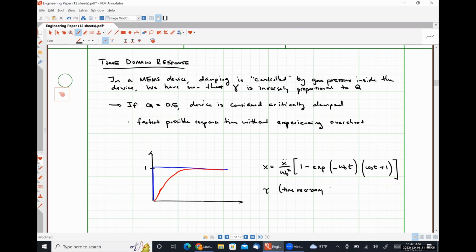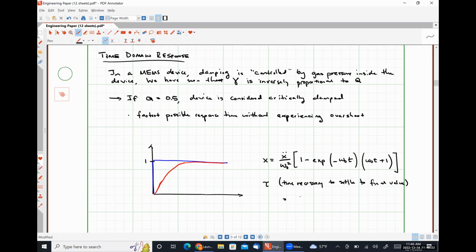Time necessary to settle to final value will be equal to, in general, 2Q over omega naught, which goes to 1 over omega naught when Q is exactly equal to 1/2. Okay. So this is how long it takes for our system to go back to DC steady state conditions.